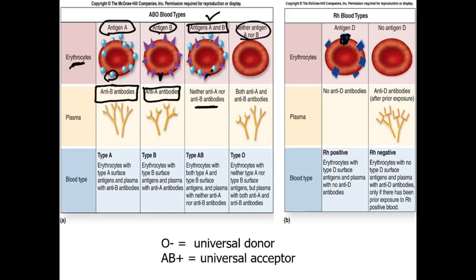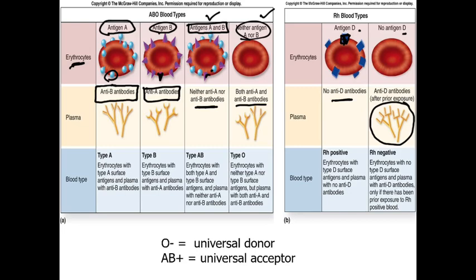And if you did not inherit either, then both A and B would be foreign, and you would make antibodies against both A and B. Likewise, if you inherited the D antigen, you would not make antibodies against it. And if you did not make it, you would produce antibodies against Rh.